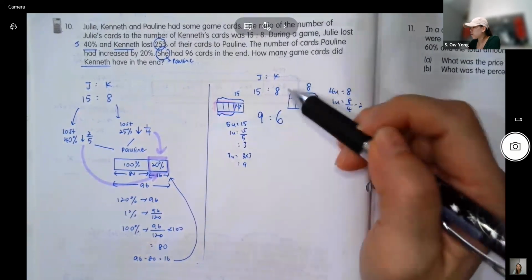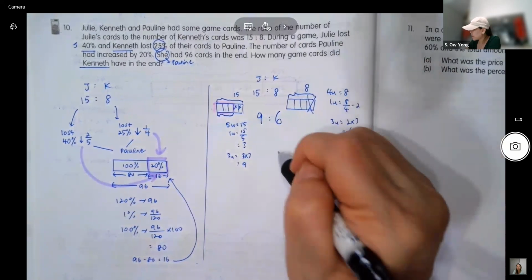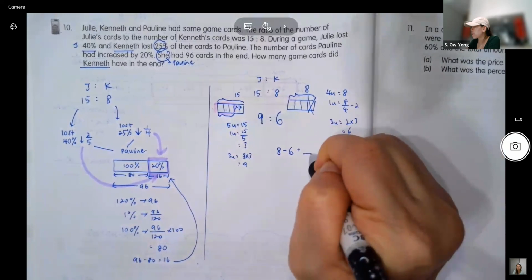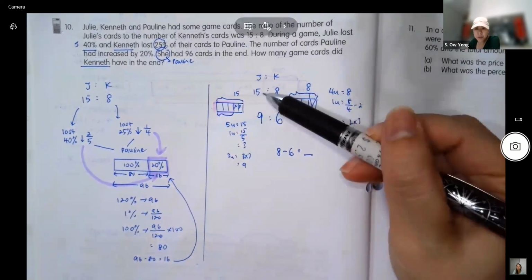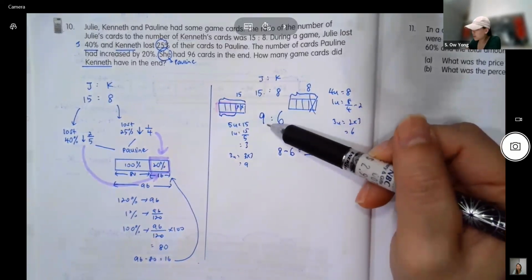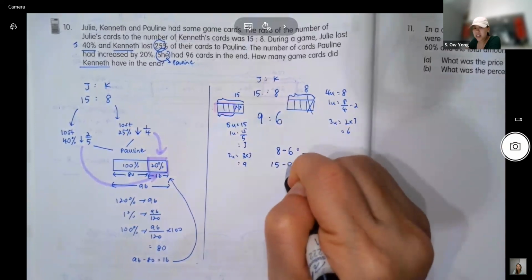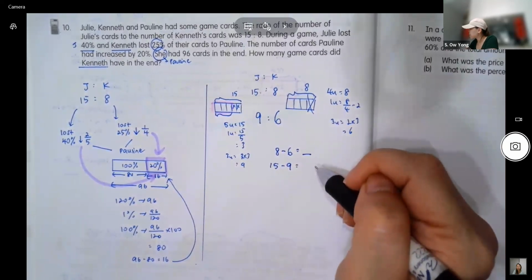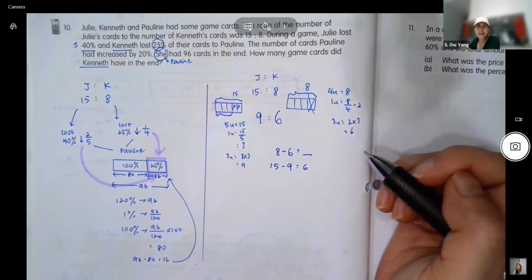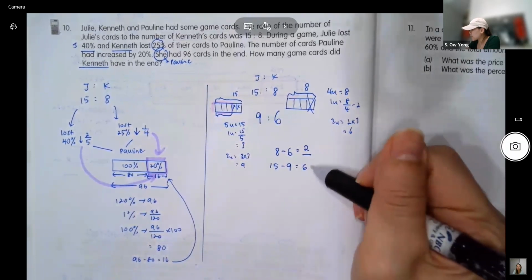So take note, from 8, how many units did Kenneth lose to become 6? 8 minus 6, which is 2. From 15, how many units did Julie lose to become 9? So 15 minus 9, which is 6. All right, with that, you know that this is what we lost.